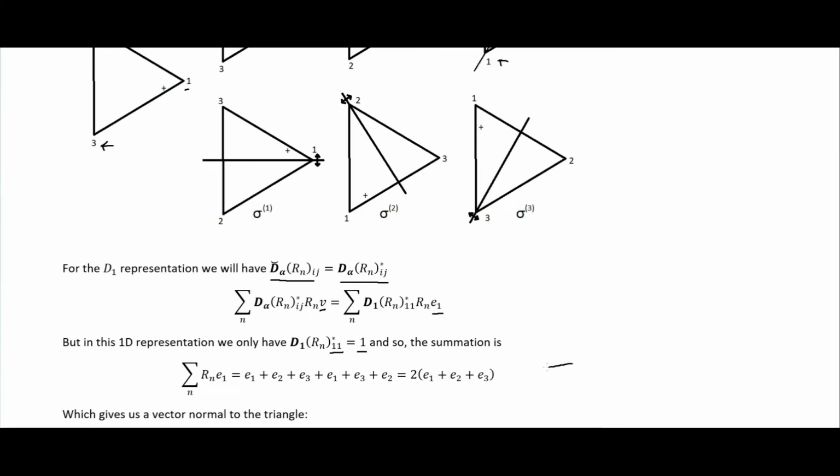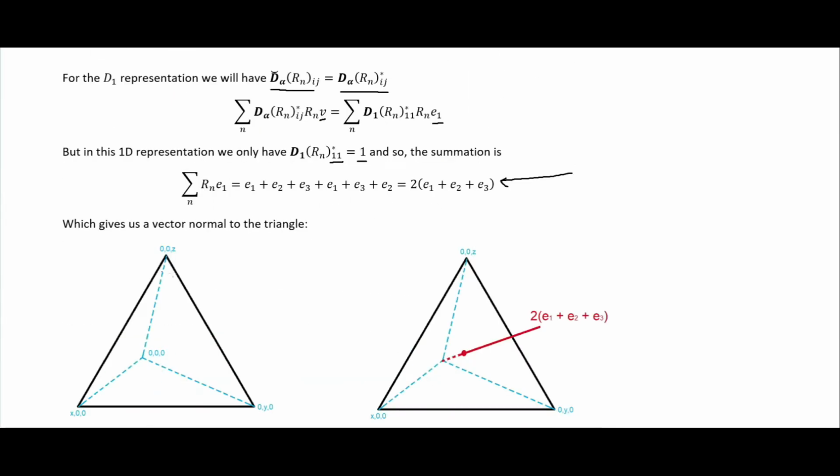And so the summation just ends up being this right here. So we just have 2 of everything. And so I just factored the 2 out there, which gives us a vector normal to our triangle. And so once again, these dashed lines are supposed to be slanted behind it, so they're behind the triangle, slanting into the screen as they go down to the origin right there.